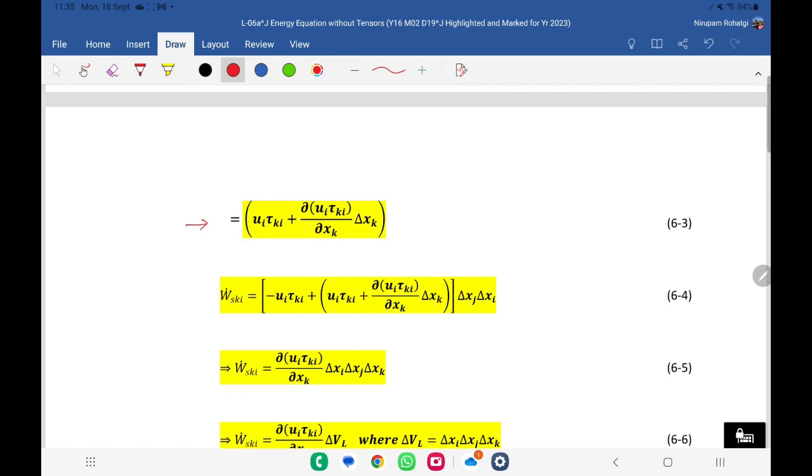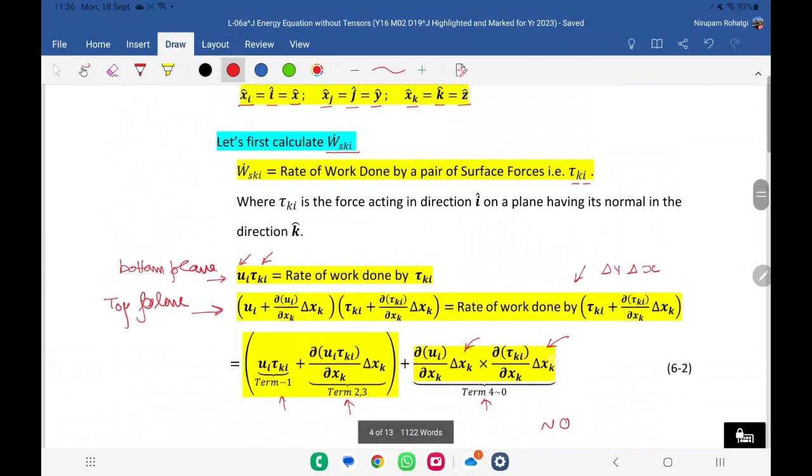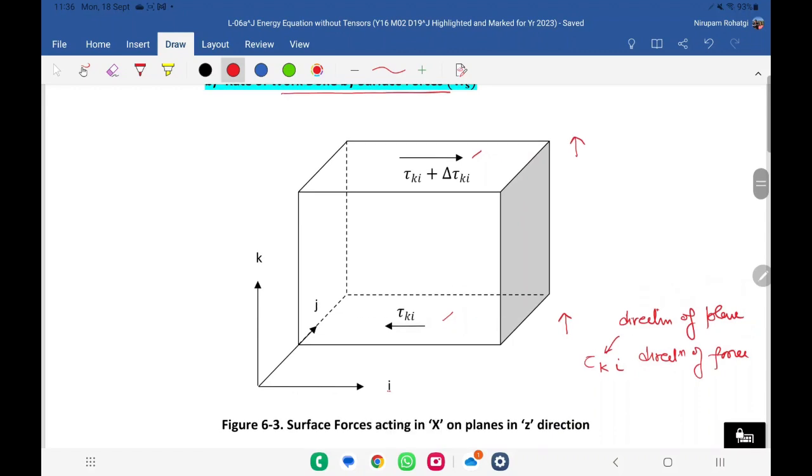No, you have force here and the velocity here. Yeah, the top one is one which is going in, right? Your force is moving along the direction of velocity. The bottom one is one which is coming out of the control volume. Control volume is doing work on the other fluid, outside fluid.